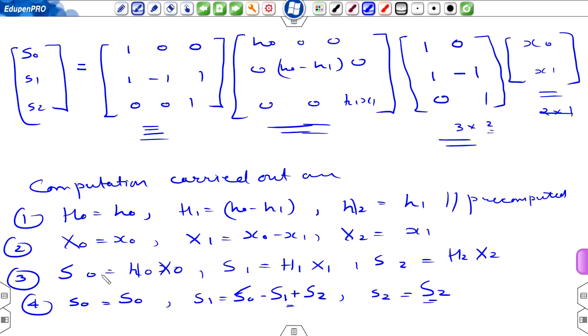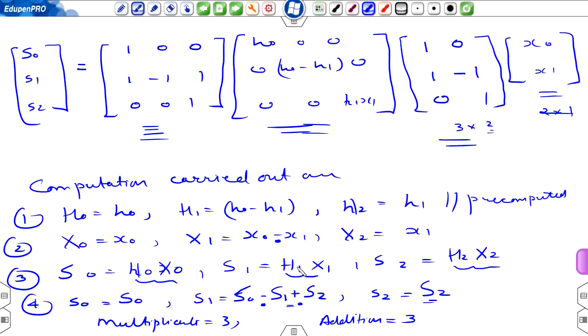So the total number of multiplication operations are, this is multiplication 1, multiplication 2, and multiplication 3. So multiplication is 3, and addition operations are, this is addition 1, this is addition 2, and this is addition 3.